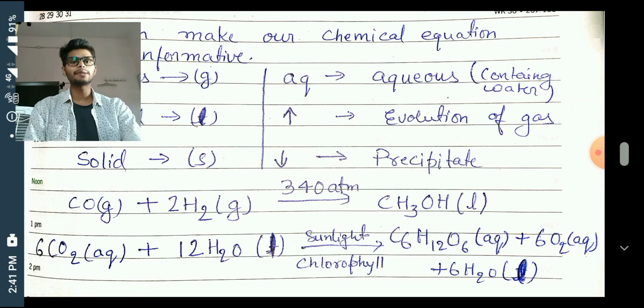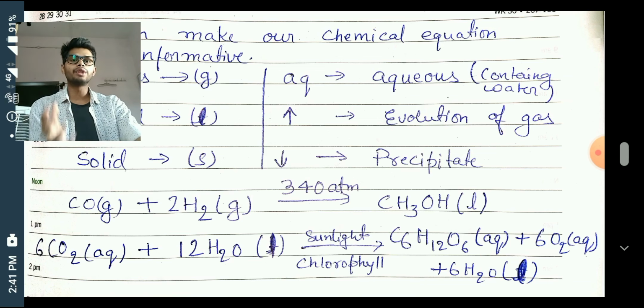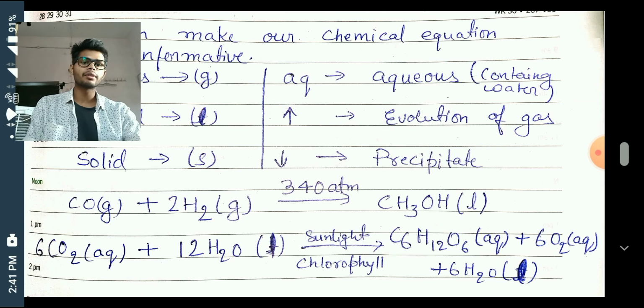So here the pressure has been mentioned as well to make it more informative. If you mention what type of pressure and temperature, you are adding more information to it. Now what result do we get? CH3OH, which will be in liquid form.